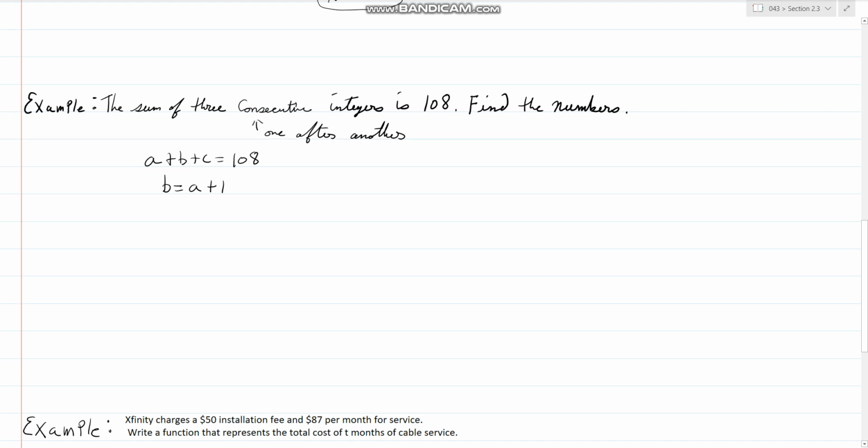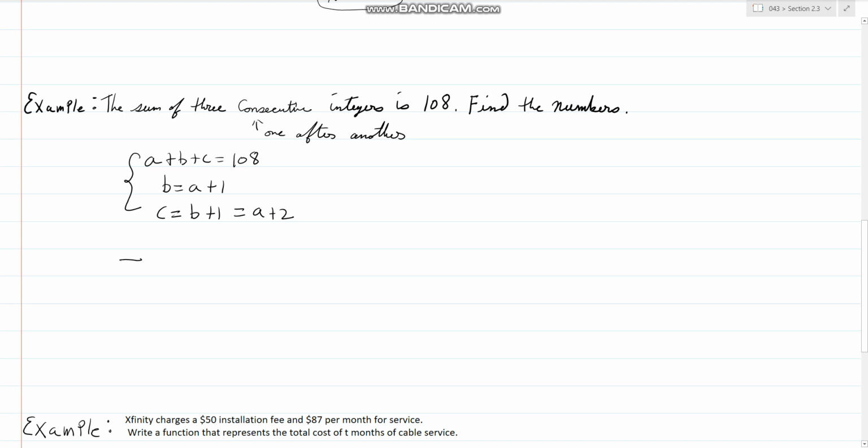Well, C is 1 after B, so that means that C is B plus 1. And I can also say that since they're 3 consecutive integers, C is just 2 after A, so that would just be A plus 2, and that might be a little easier to use.